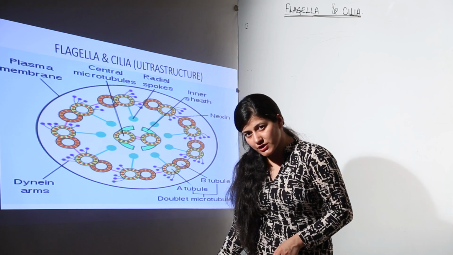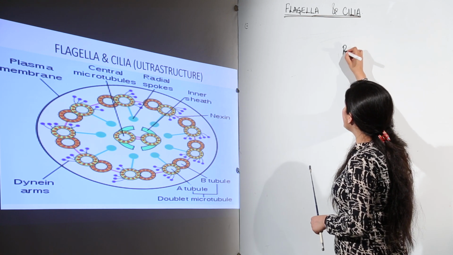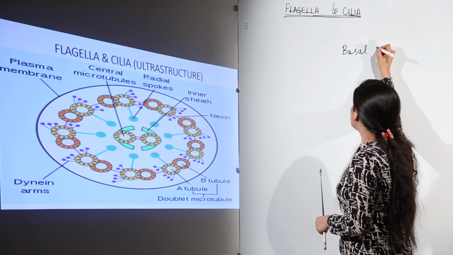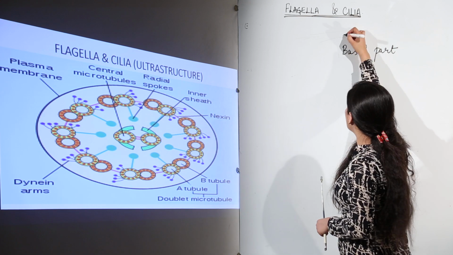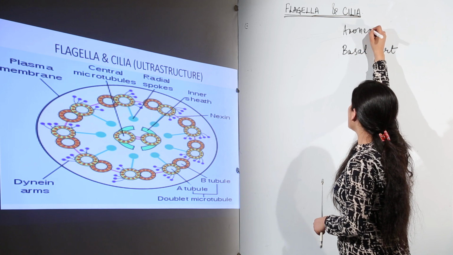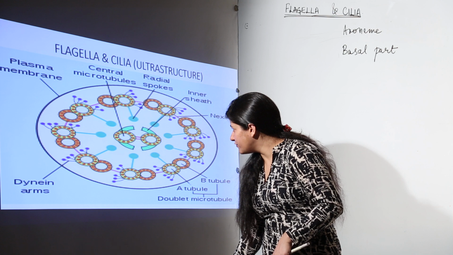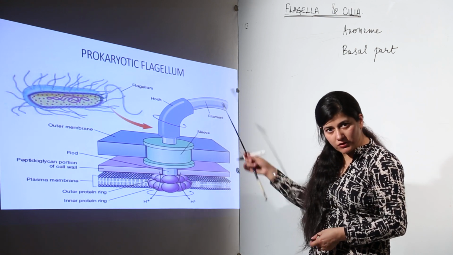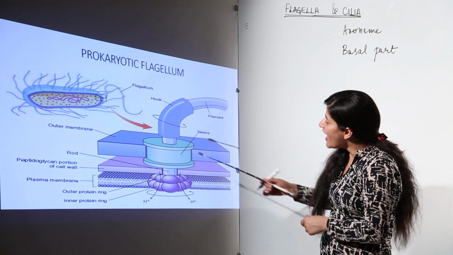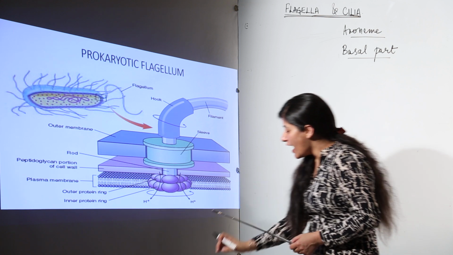Before going to the ultrastructure, you need to remember that there is a basal part in the flagellum which differs from the axoneme in its ultrastructure. So what is the axoneme? Come back, we have this part. This part is basically the axoneme, which would be surrounded by plasma membrane, and there would be a basal part which would be different in ultrastructure from the axoneme.